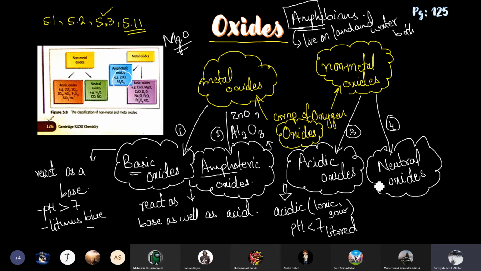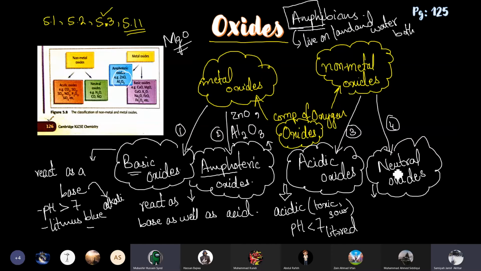And the neutral oxides, can you guess which one is left? Acid is done, base is done, the one which reacts as acid and base is done. Which one is left? Alkaline. No, these bases form alkalis. Neutralization, neutral.